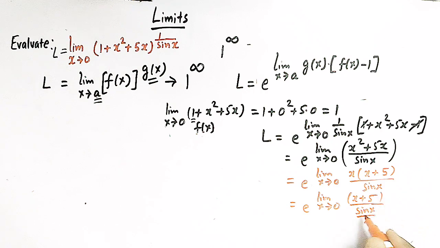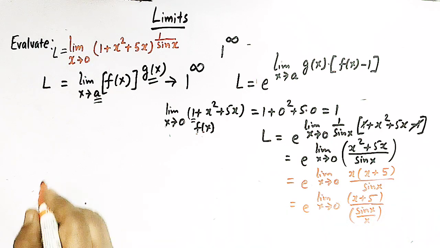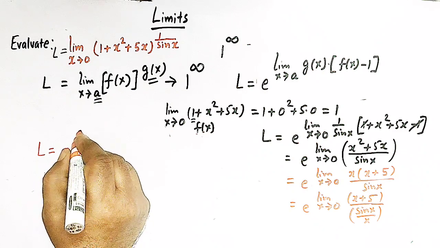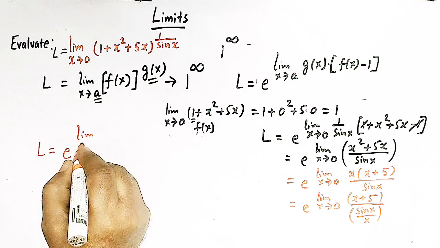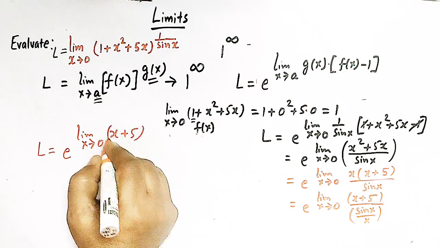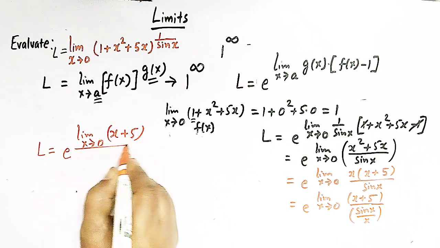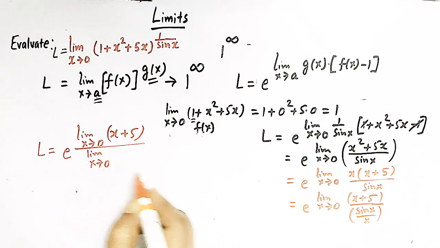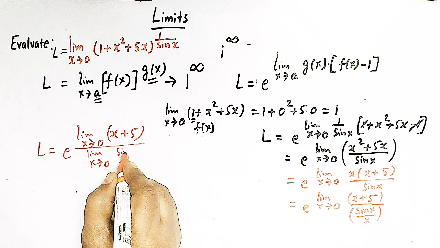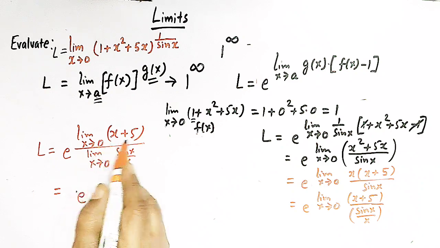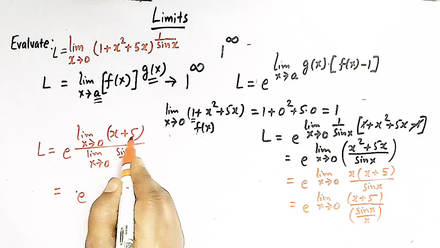So now we have this expression, and the limit L can now be given as e raised to limit x tends to 0, first we have x plus 5, and then in the denominator we have limit x tends to 0 of sine x over x, right? So now we can write in the numerator limit x tends to 0, x plus 5.